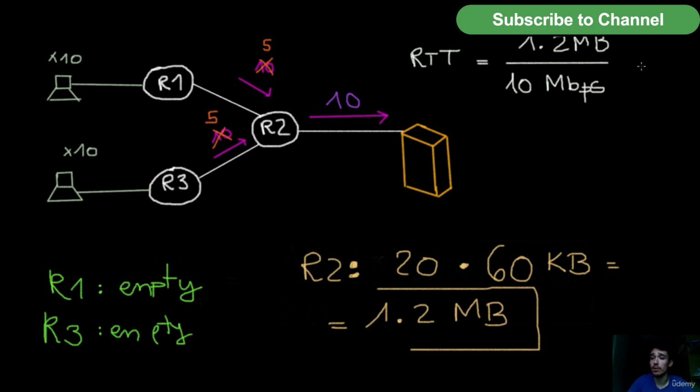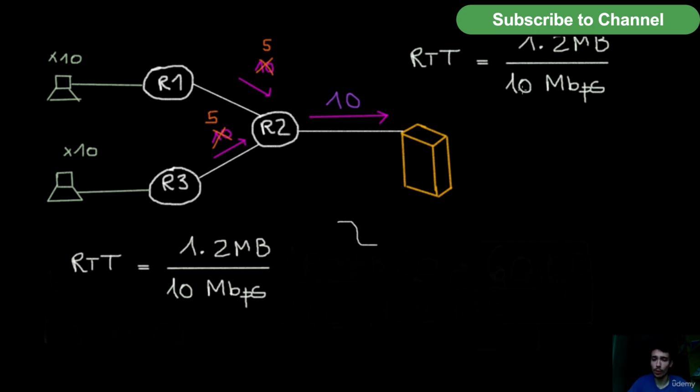We can simplify this to have everything in the same units, and we can basically have the round trip time in seconds. So we can rewrite this. Here we have megabytes. We can transform these megabytes to megabits by multiplying by 8, because we know that 1 byte has 8 bits.